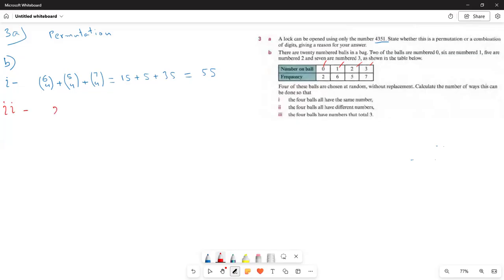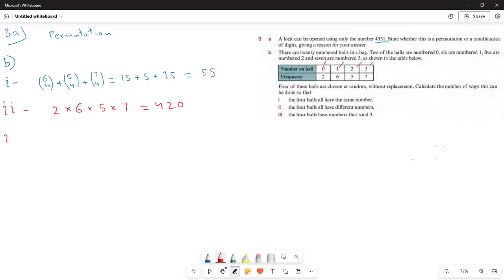How many ways can I have 1 written on them? It is 6. For 2, it is 5. And 3 written on them, it's 7. So 2 times 6 times 5 times 7 comes out to be 420. The answer to the second part is this one.